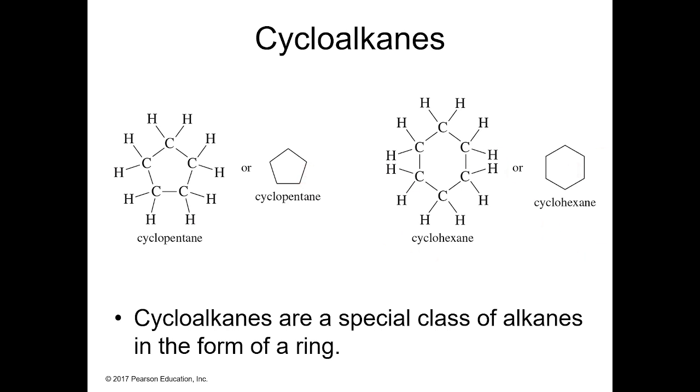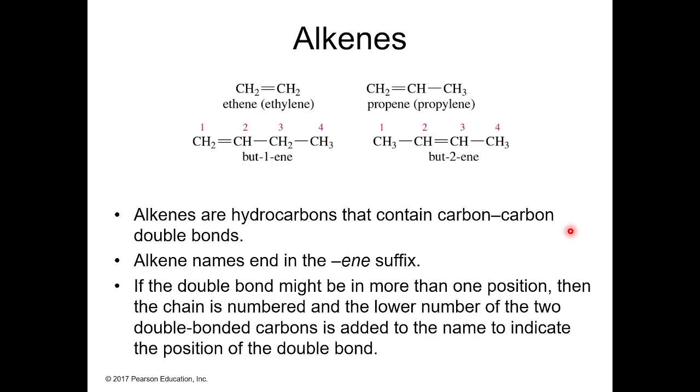This right here, again, cyclopentane. How many carbons are in it? 5. This one has 6 carbons, so it is cyclohexane, right? It's cyclo for what reason? Yeah, in a ring, right? There you go. Okay, we got a double bond in there. And so what's that?